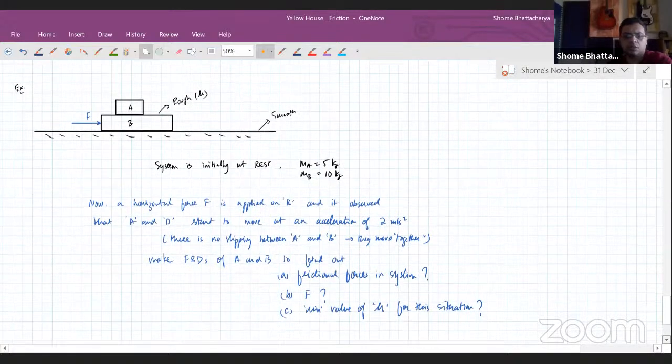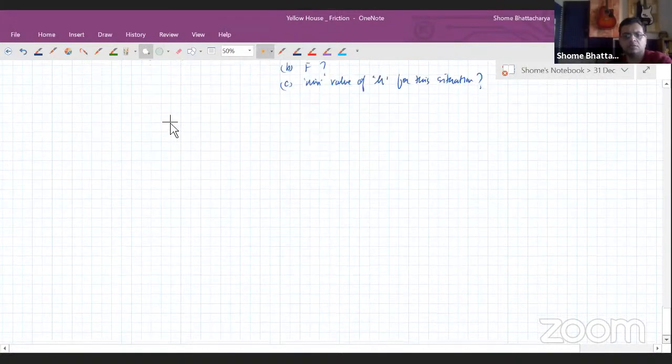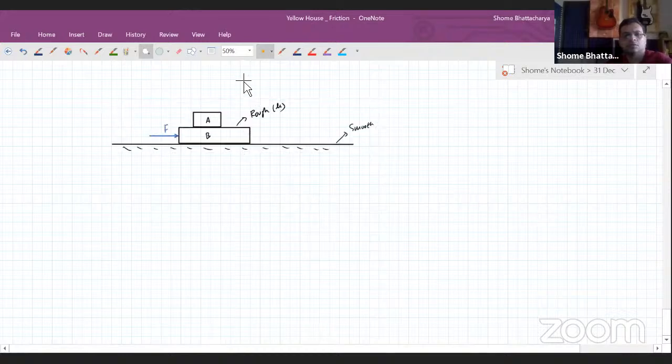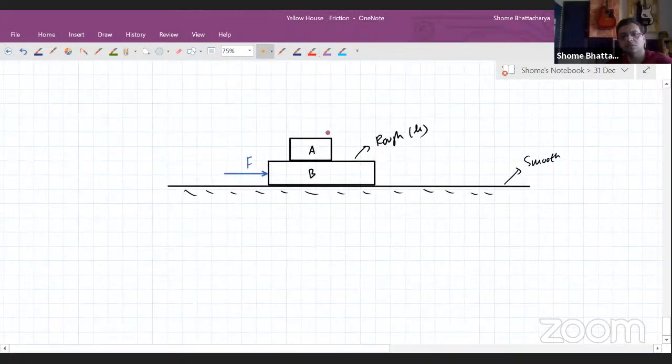Okay, so let's understand what's happening here. What we are observing is that on application of this force, this whole system starts to accelerate with a common acceleration of 2 meters per second square.